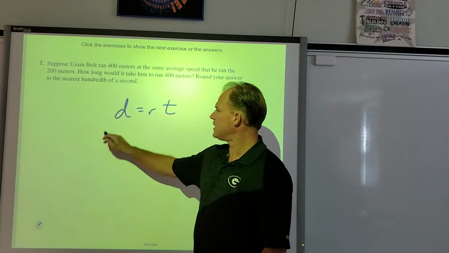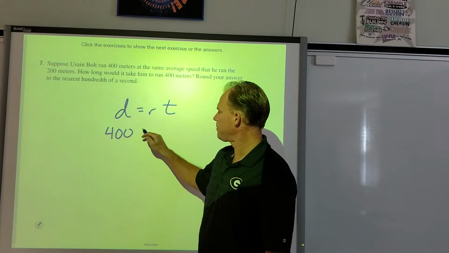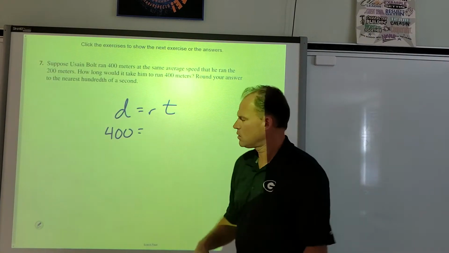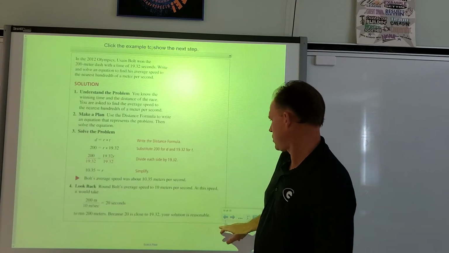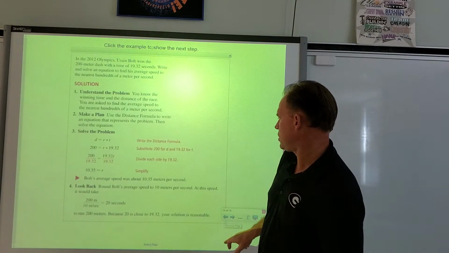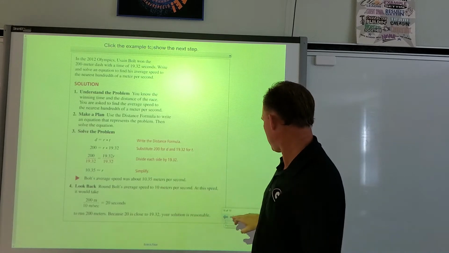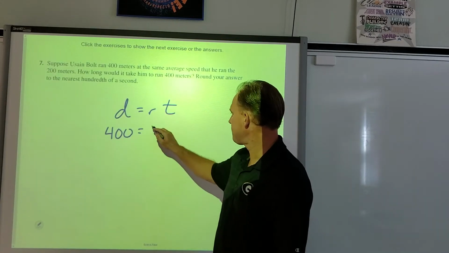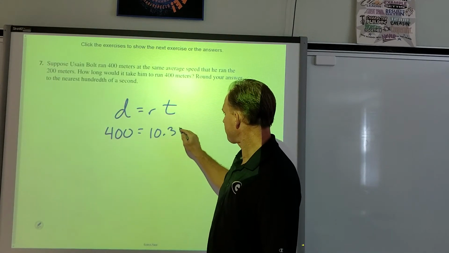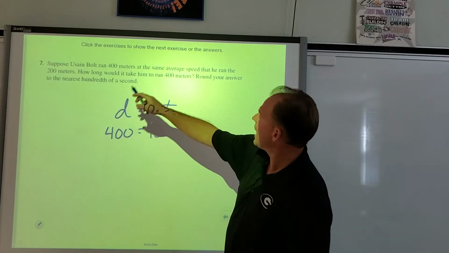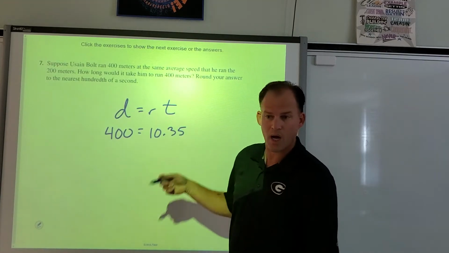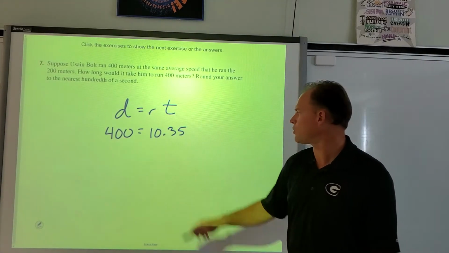We're bumping the distance to 400. The rate, what was that rate again? 10.35. And the question is, how long would it take him to run 400 meters at this?